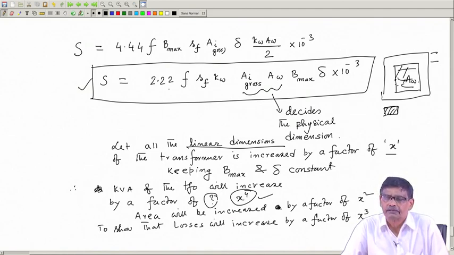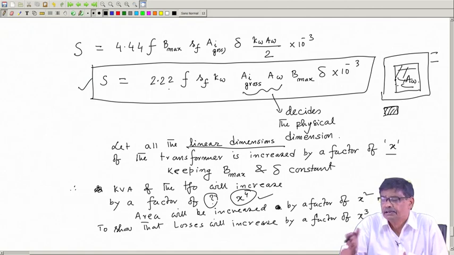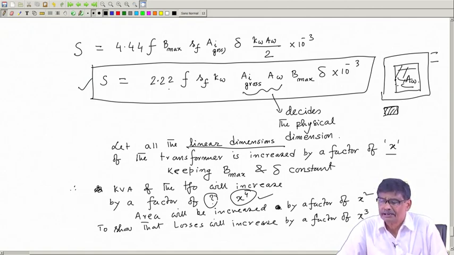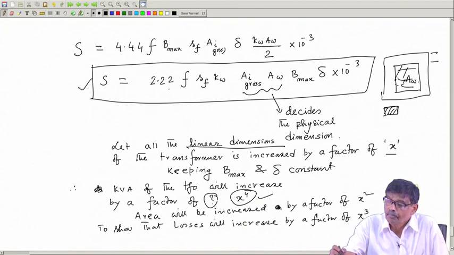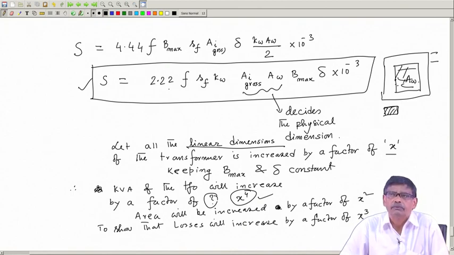For example, I say that the materials used are such that temperature rise above ambient should not be more than say 75 degrees Celsius. So, maximum temperature rise is fixed, decided. Therefore, no extra cooling arrangement will be necessary for very low kVA transformer.